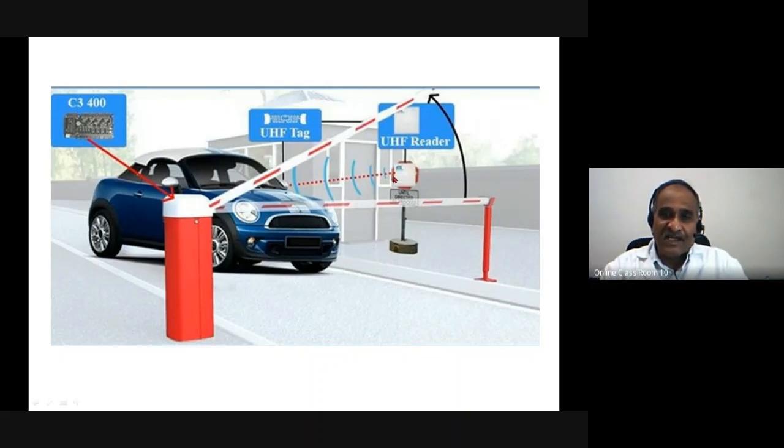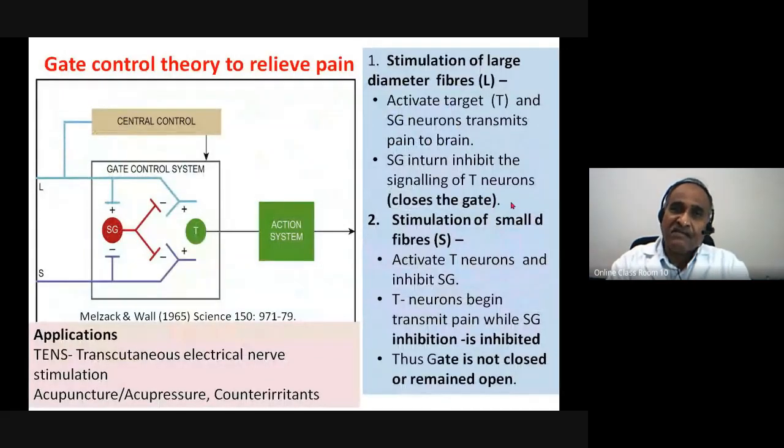It will be detected, and once it reads the tag, it opens the gate. Otherwise, the gate is closed. Yes, we have a similar type of mechanism in our pain pathway. This was proposed by Melzack and Wall in 1965.